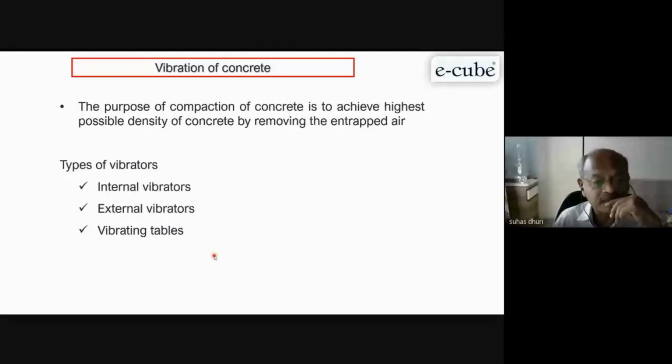Very big tables, maybe 2 meter by 4 meter size tables at a time. Those elements can be cast in the precast industry.